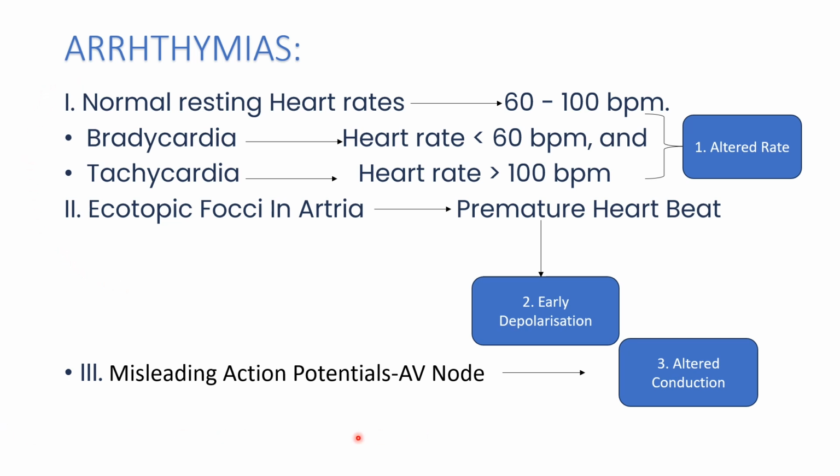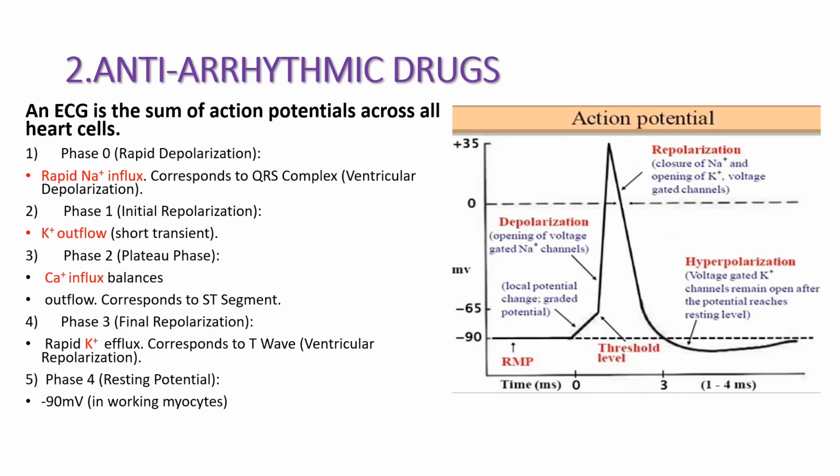And the third, last but not the least, cause of arrhythmias is misleading action potentials, which generally occur at the AV node, which is called altered conduction. So this is the general introduction to arrhythmias before going to the anti-arrhythmic drugs.